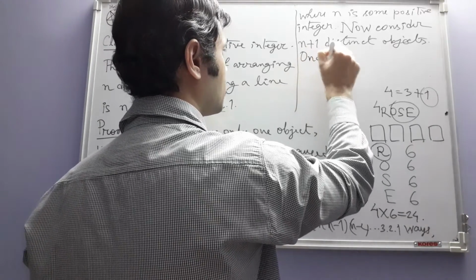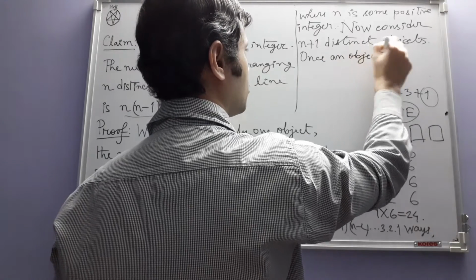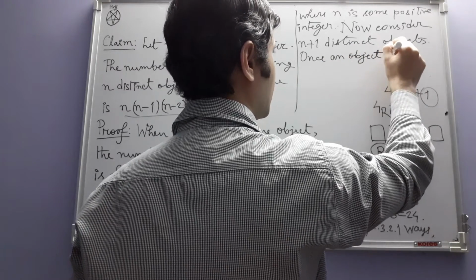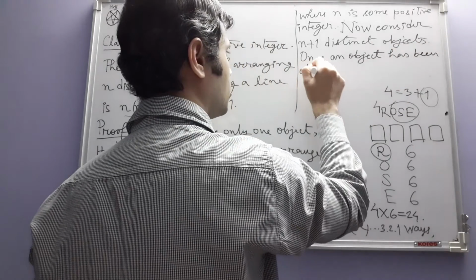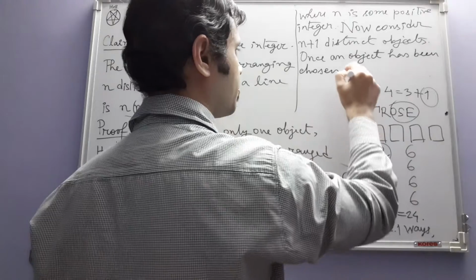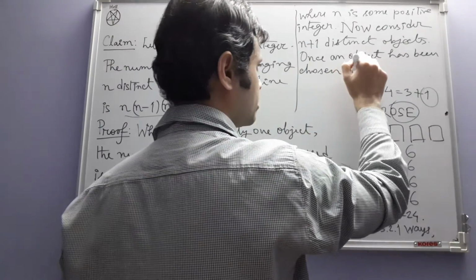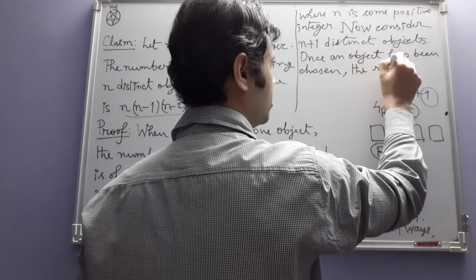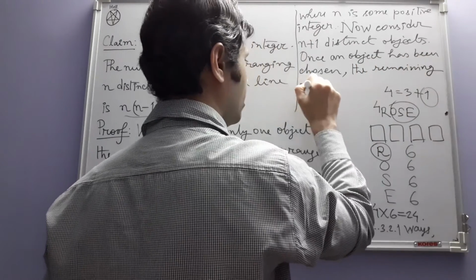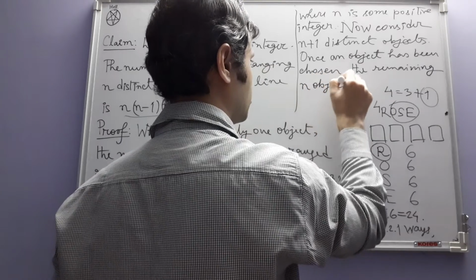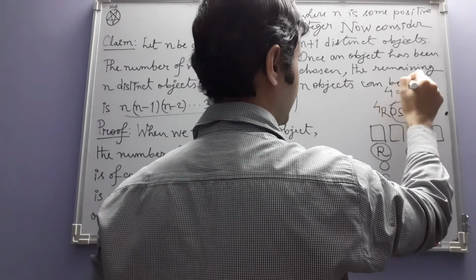Once an object has been chosen from this list of n plus 1 distinct objects, the remaining n objects can be arranged.